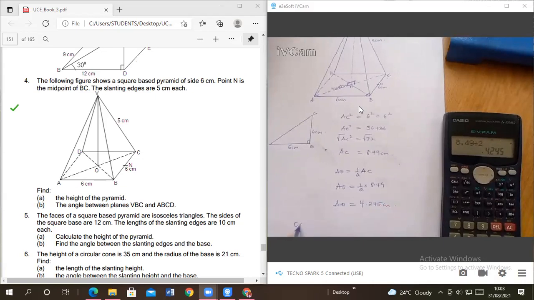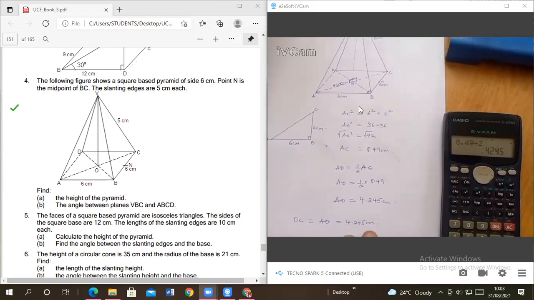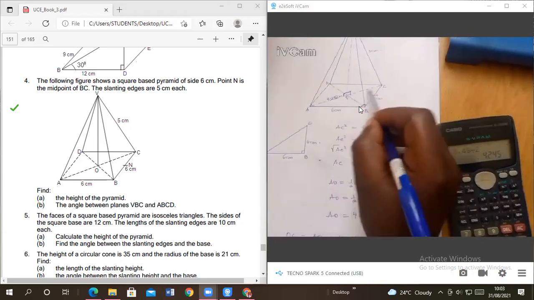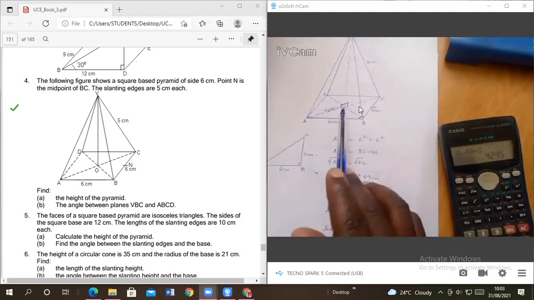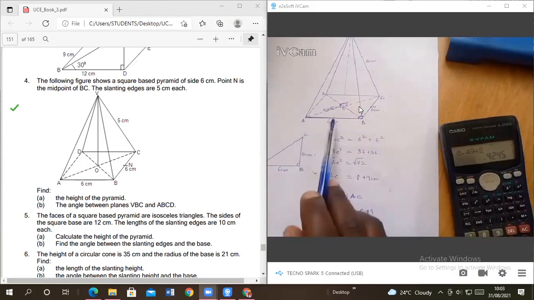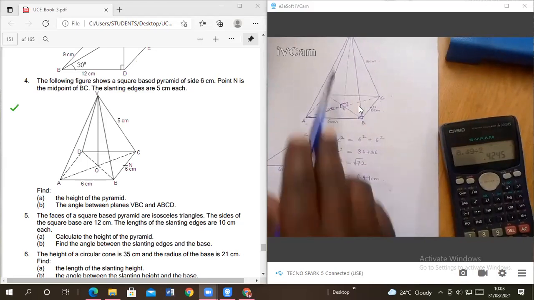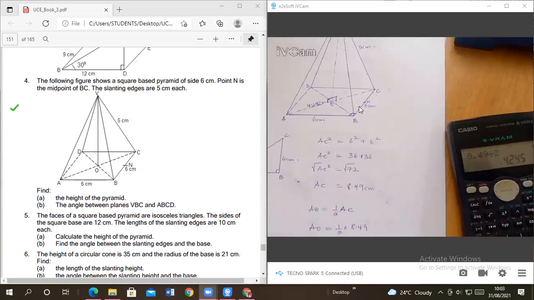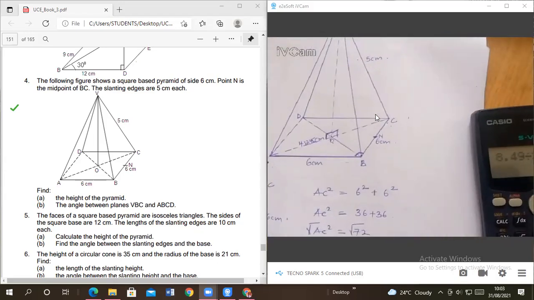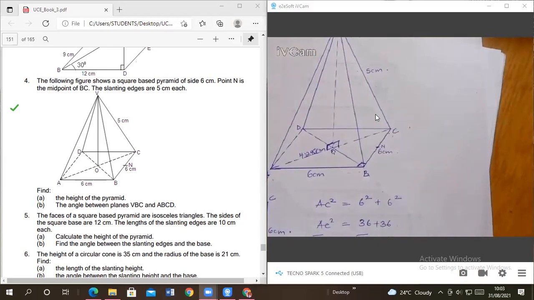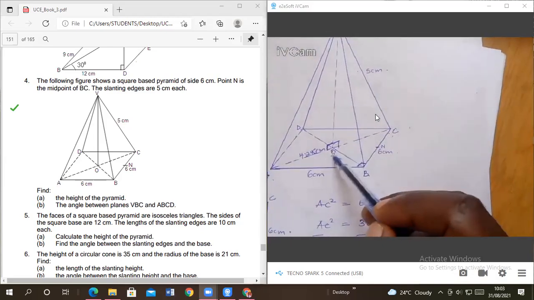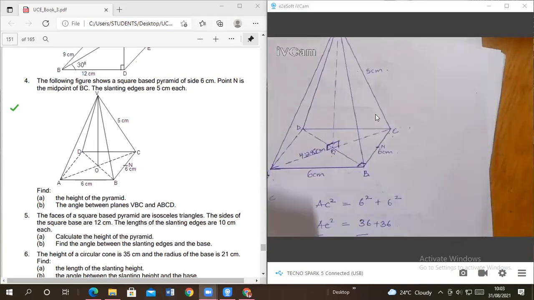It means that OC is the same as AO, which equals to 4.245 centimeters. So we can use triangle OCV, or we can use triangle AOV. Both triangles will give us the correct answer. So we are going to use triangle OCV, like how Patricia has said.